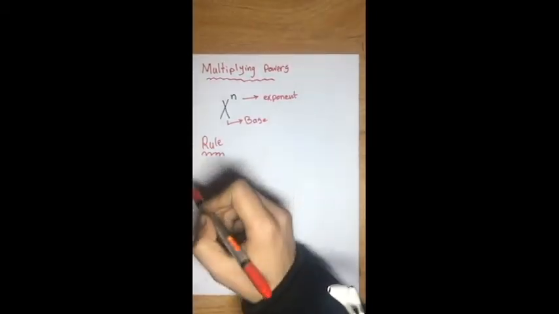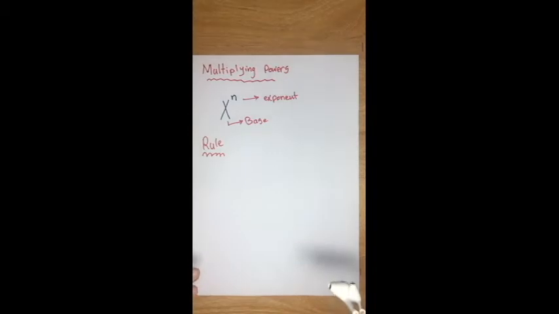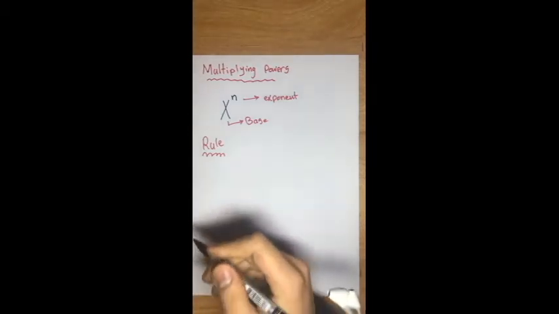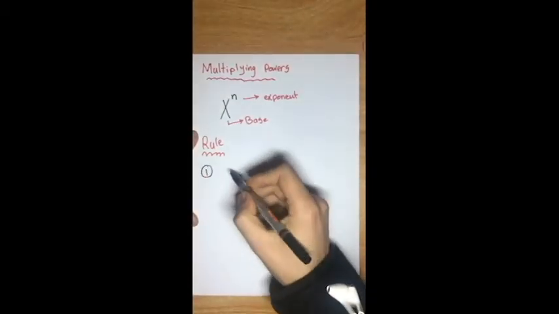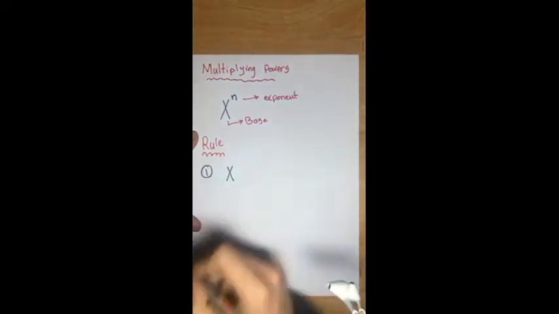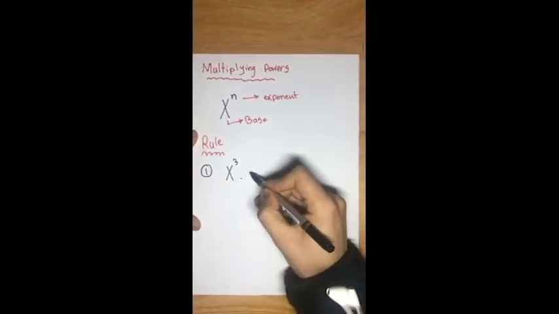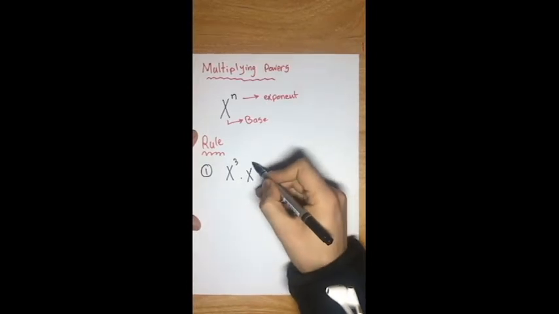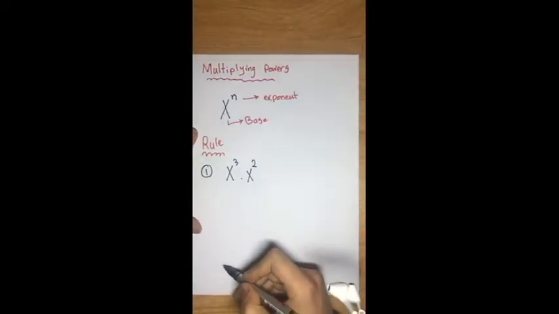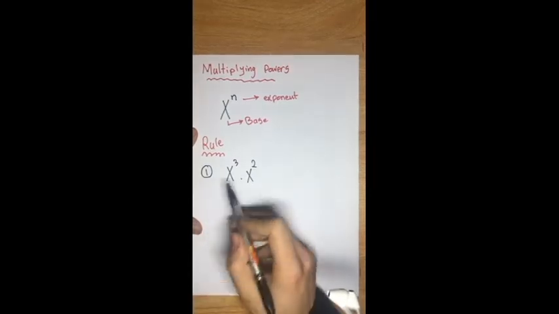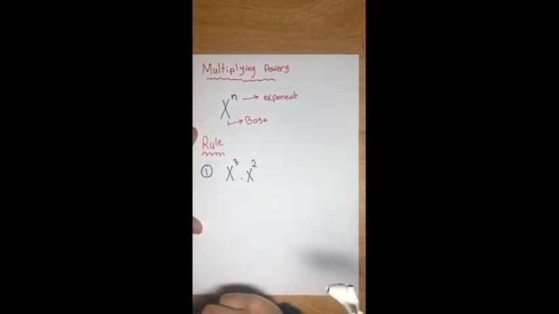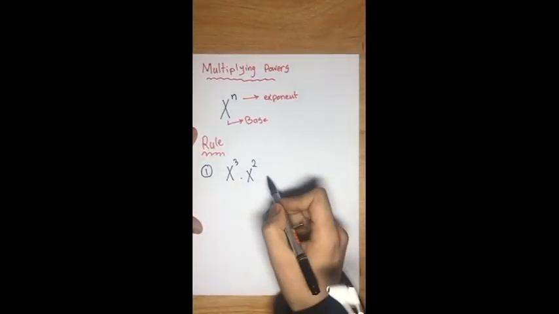Now we have rule number 1. If we have x to the exponent of 3 multiplied by x to the exponent of 2, both of these exponents have the same base. So how do we simplify this one?